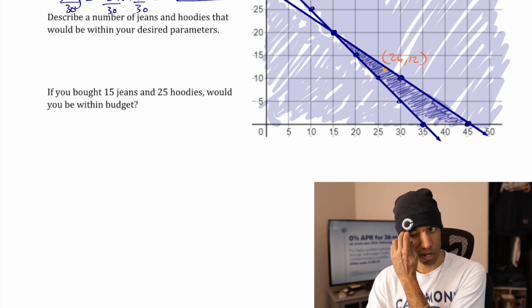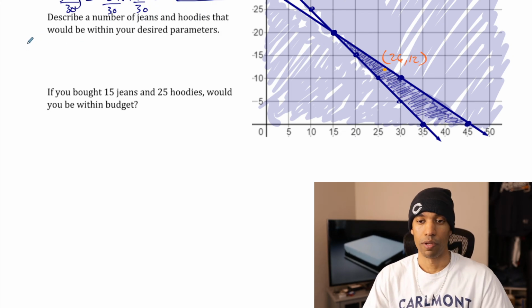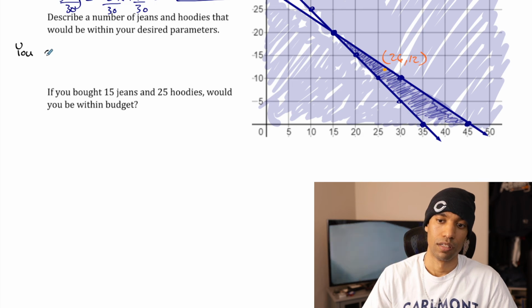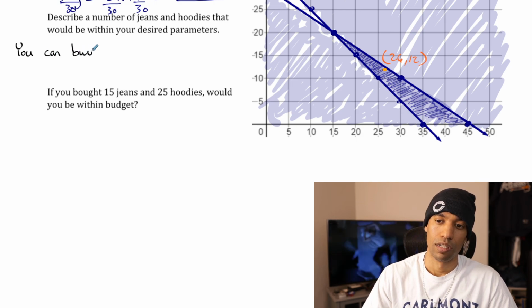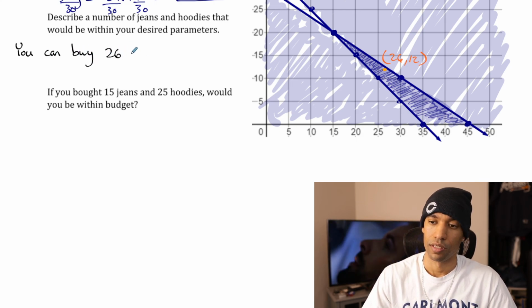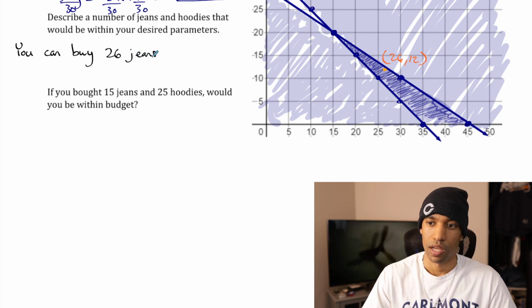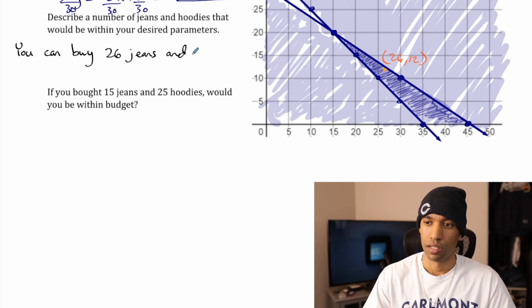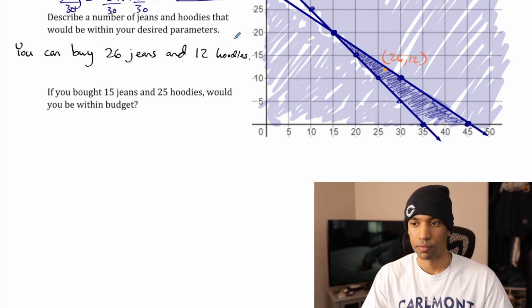So what am I saying about that point? The fact that it's inside the shaded region? You can buy 26 pairs of jeans and 12 hoodies. You see, 26 plus 12 is 38.